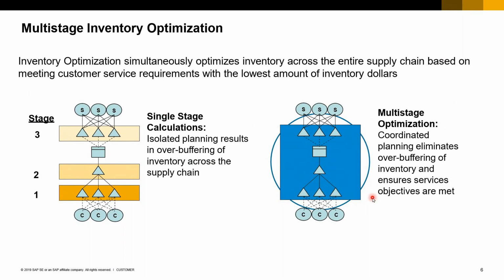This one is popularly known as multi-echelon inventory optimization, which is not going through each and every stage, single stage by stage, but it is looking at the inventory target holistically. So what is its objective? Its objective is to meet the target service level, right?